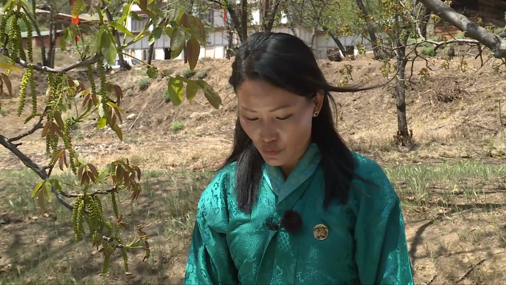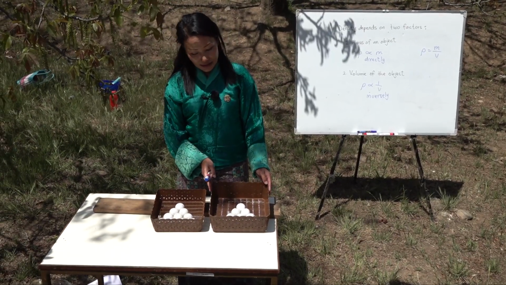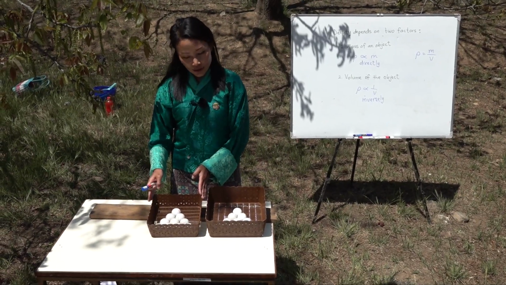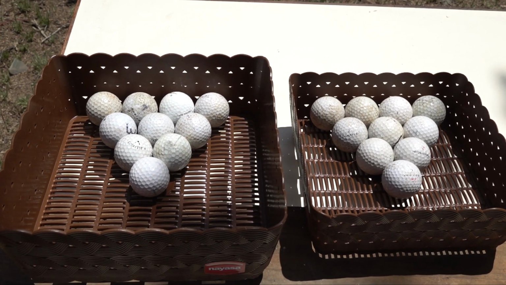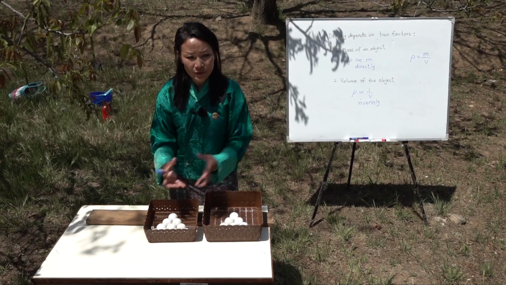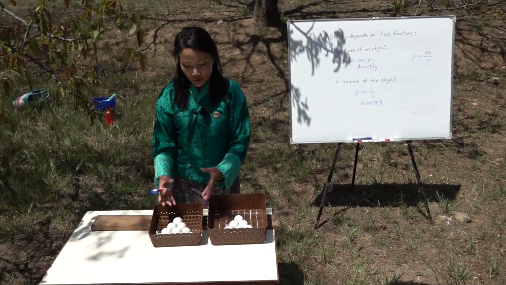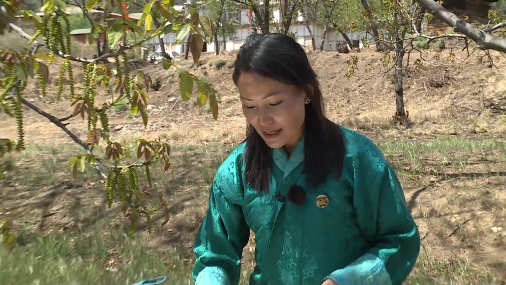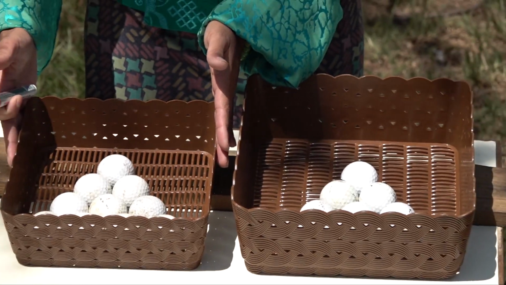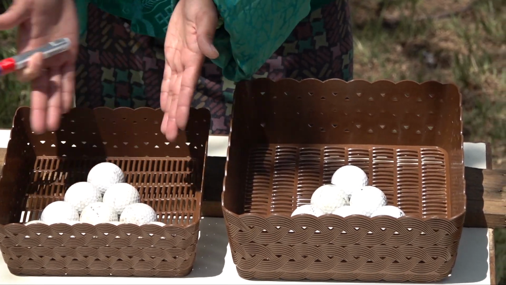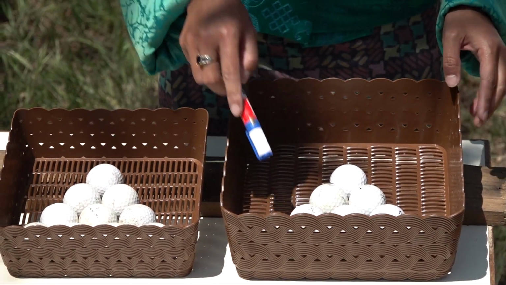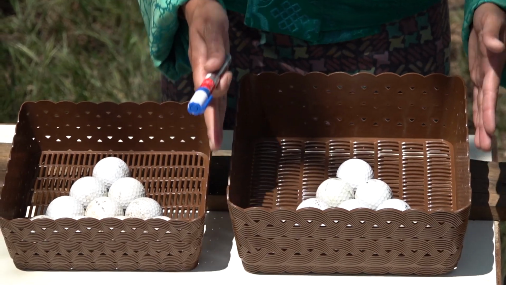Density is inversely proportional to volume. So what does this mean? Now I got a bigger size basket and a smaller size basket. In both the baskets I've put 10 balls, which means we're keeping the mass of the body constant. So when the mass is constant, what do you notice is the 10 balls in the small basket are occupying more space compared to the 10 balls in the bigger basket.